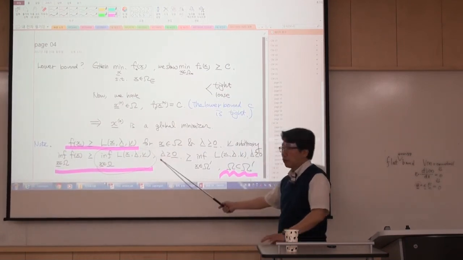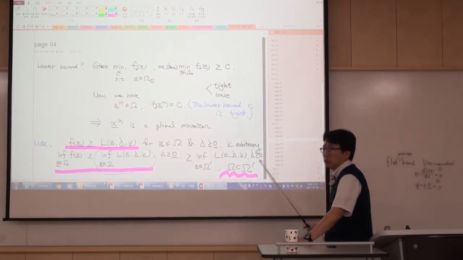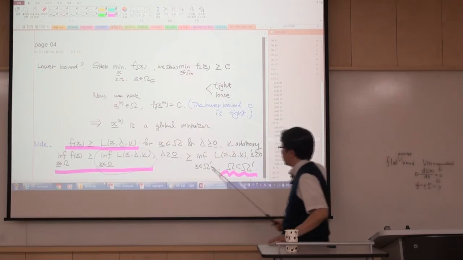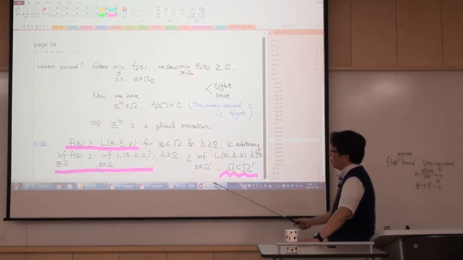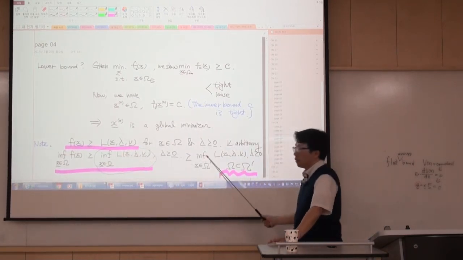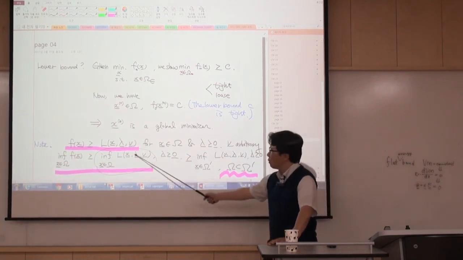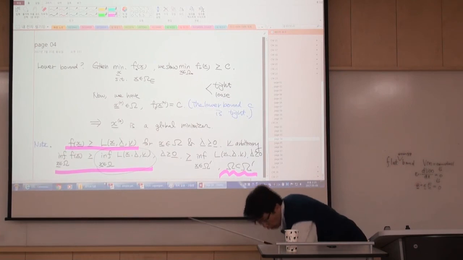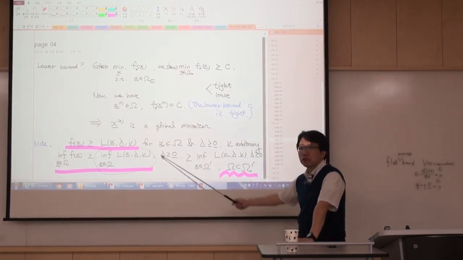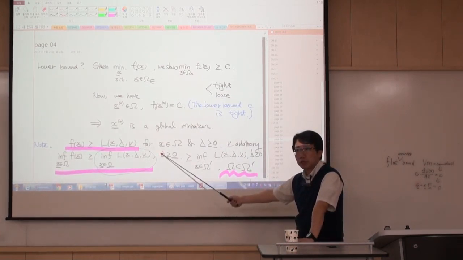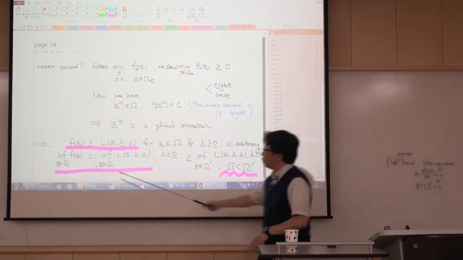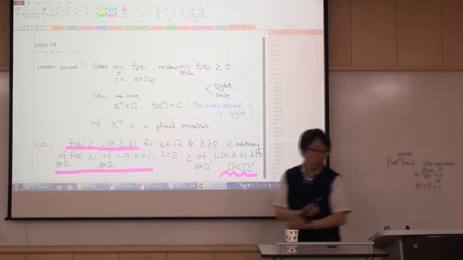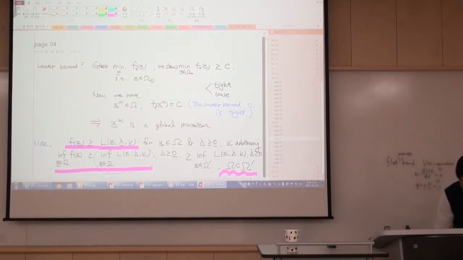Still you keep lambda greater than or equal to 0. But now you increase the search space like this. Then your infimized function value given the same lambda and nu must be greater than or equal to the previous one. Am I right? So we have this one. That is called P star here.